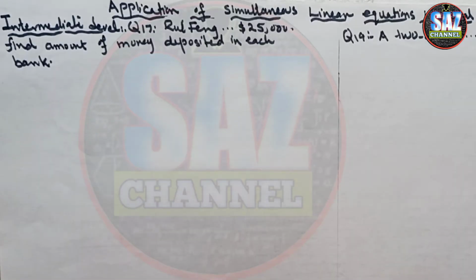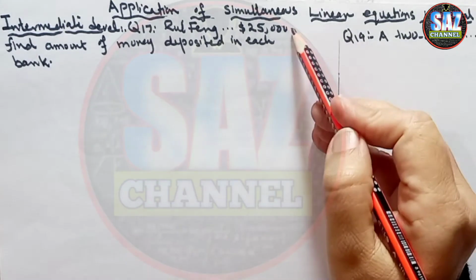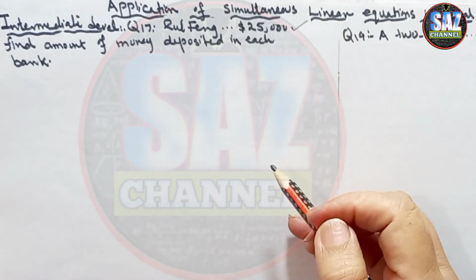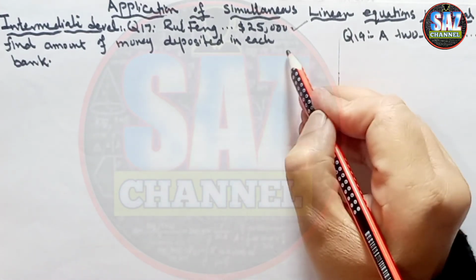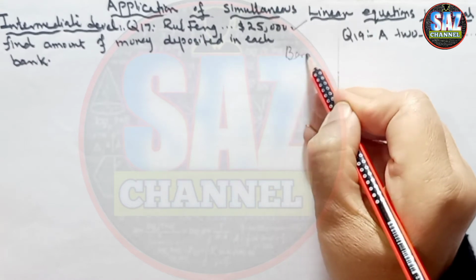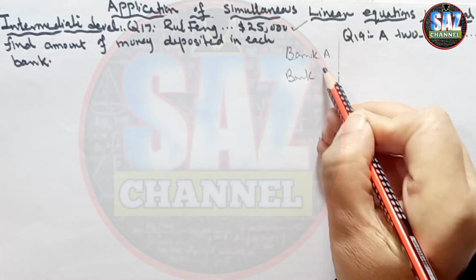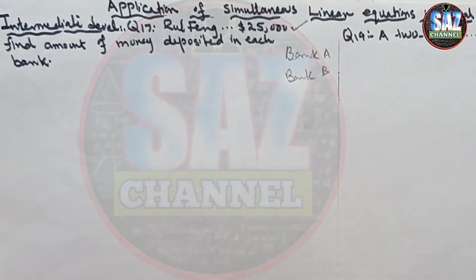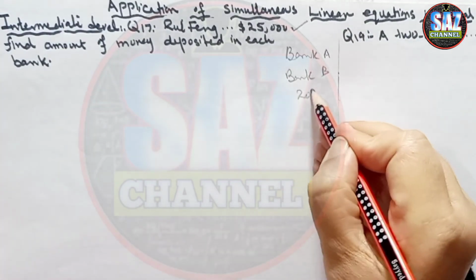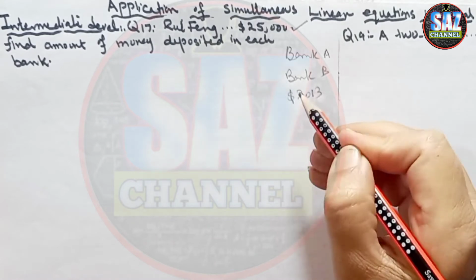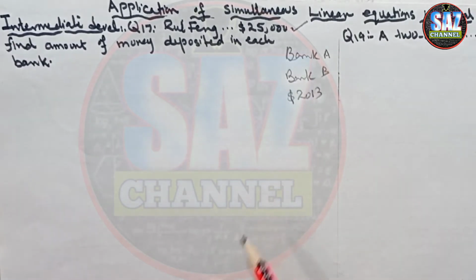Question says, Rui Fang deposited a total of $25,000 in Bank A and in Bank B. There are two banks, Bank A and Bank B. At the beginning of 2013, he is depositing this amount, $25,000, in two different banks. In 2013, Bank A and Bank B pay simple interest.